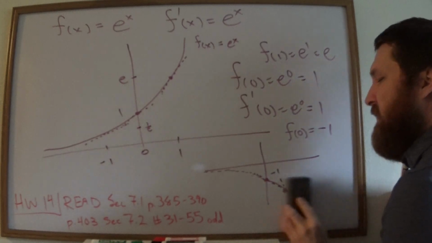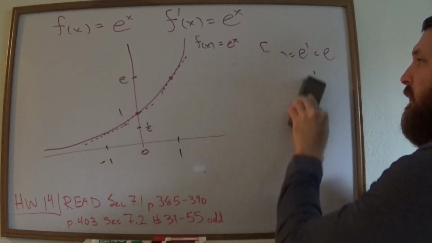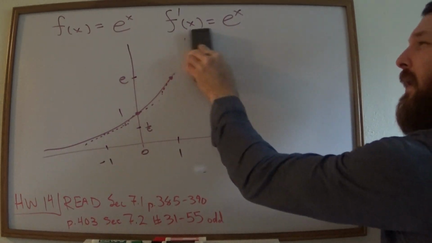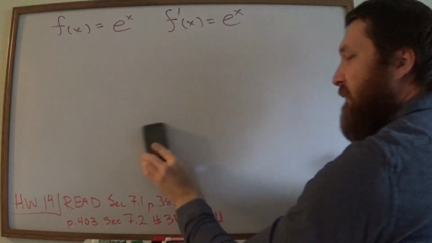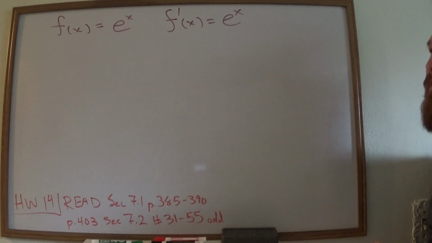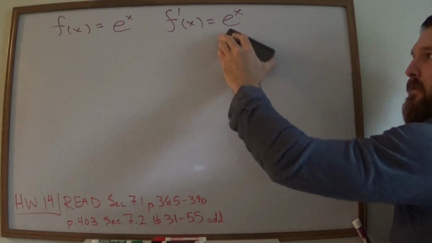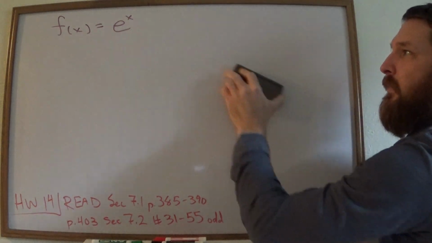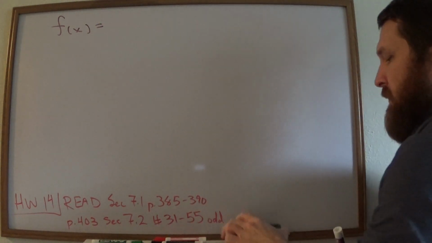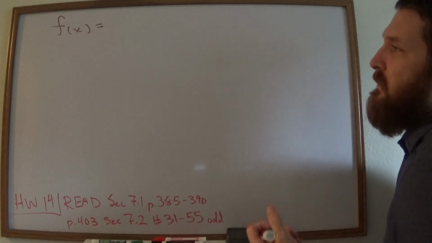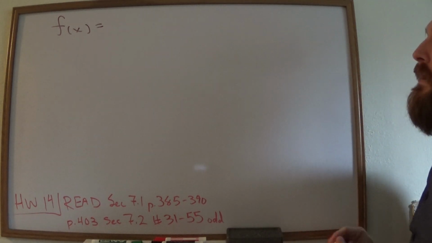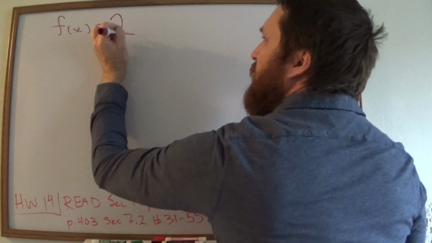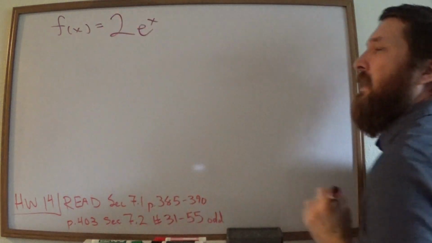So, what's going on here? Well, while this is the only function that does it, it's actually a member of a family of functions that has this property. So for instance, let's say that f of x is equal to 2 times e to the x.